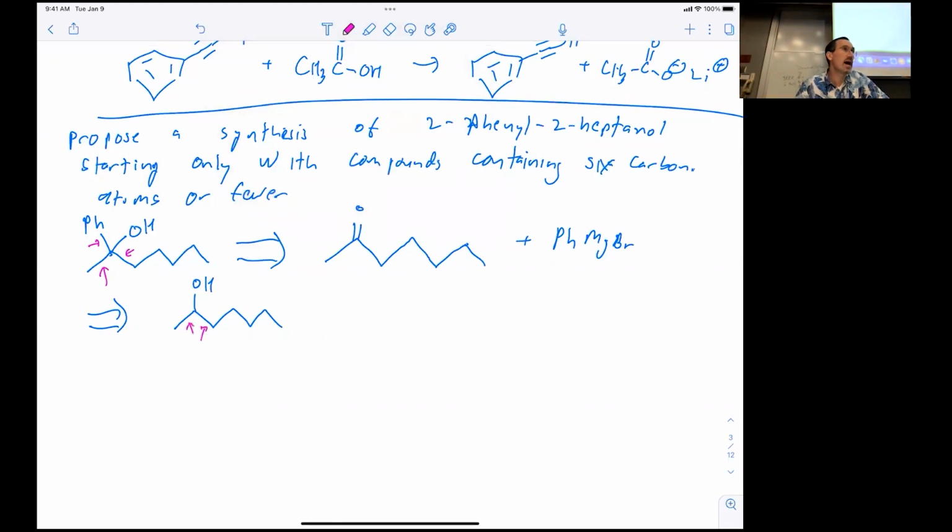In other words, I could have a 6-carbon aldehyde, hexanal, and add in a methyl Grignard reagent or methyl lithium, or I could have a 2-carbon aldehyde, acetaldehyde, and add in a 5-carbon organolithium compound or Grignard, either n-pentyl magnesium bromide or n-pentyl lithium.